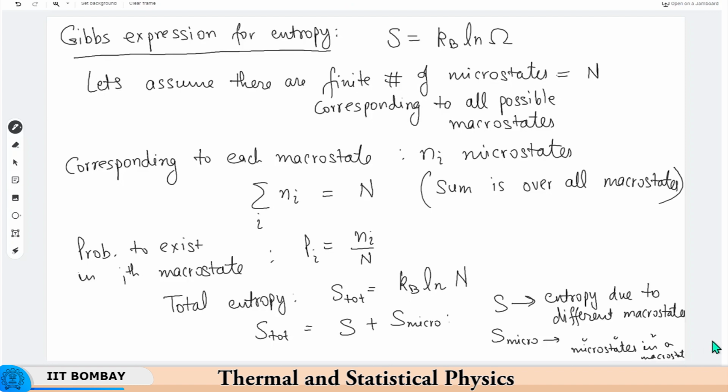Since there are ni number of microstates in the ith macrostate, the entropy of the ith macrostate is only due to the number of microstates in that particular macrostate, and that is Si, which is Kb times log of ni.